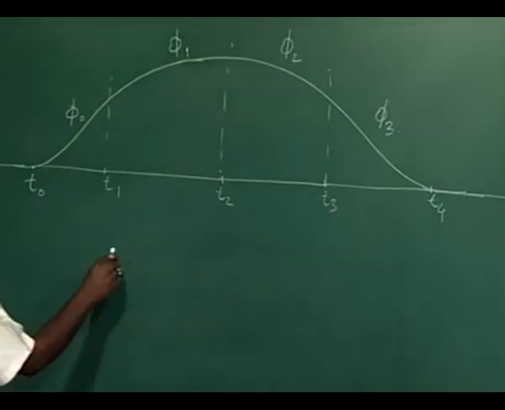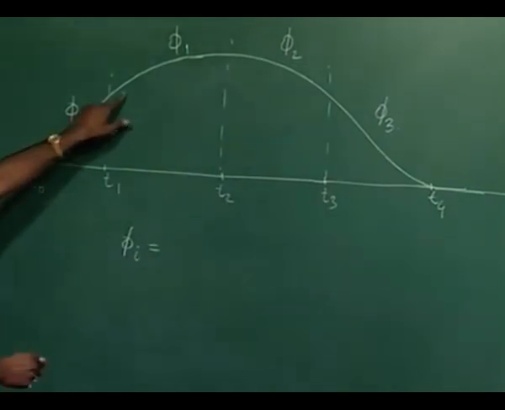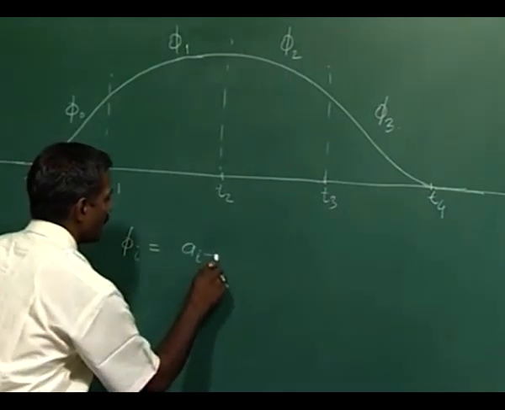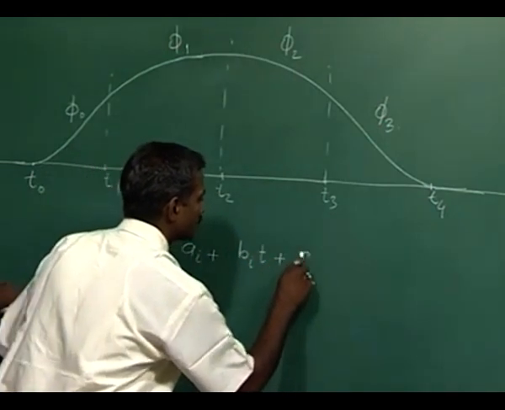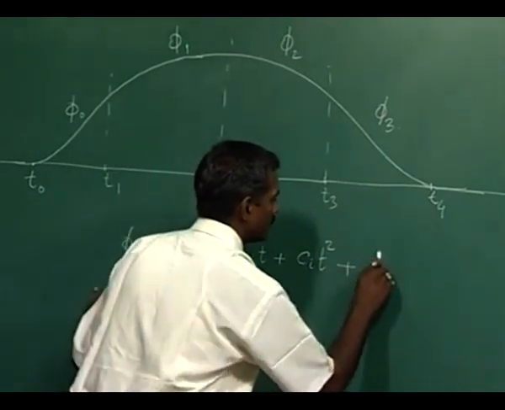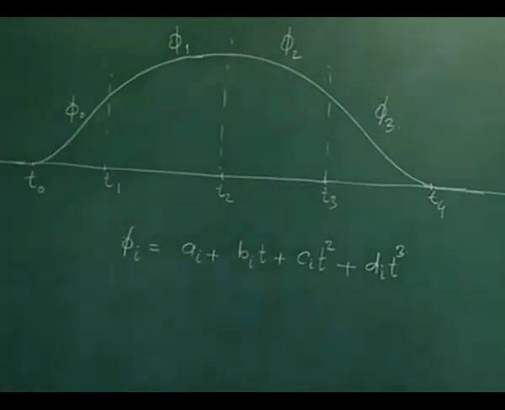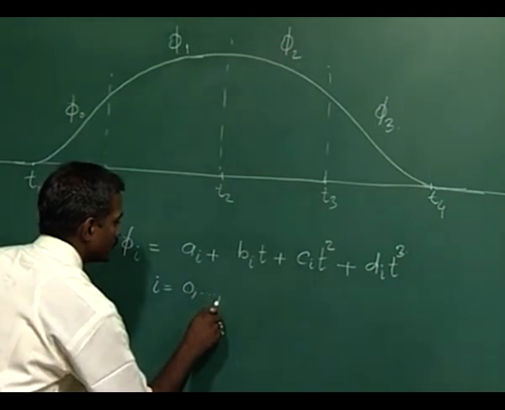Each phi is a pure cubic polynomial. I can write phi sub i as a_i plus b_i t plus c_i t squared plus d_i t cubed, where i would go from 0 to 3.